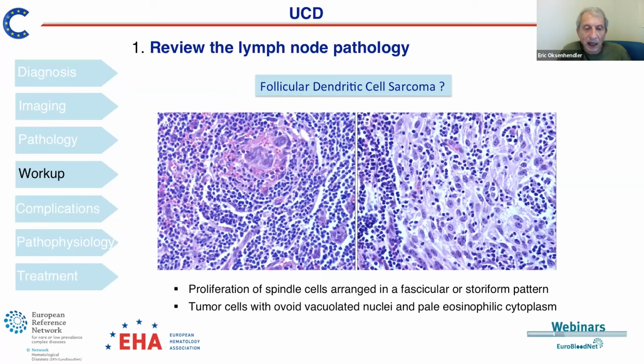And this disease is a tumoral disease, a sarcoma, which could be present even at the diagnosis of Castleman disease. So you can have both lesions in a single lymph node, lesions of Castleman and lesions of FDCS, or it could be the prominent feature observed initially or in the follow-up of the disease.